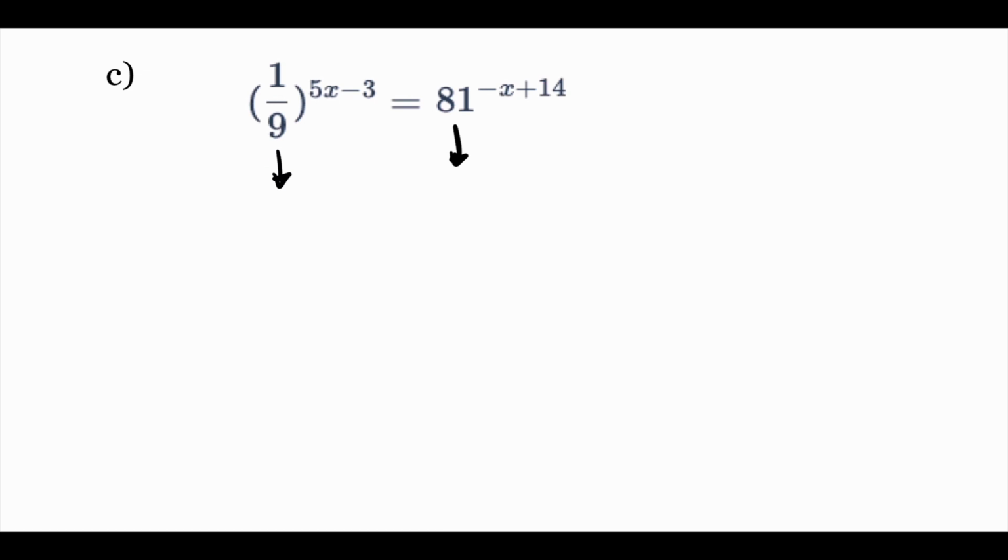Okay? Well, 9 to the negative 1 is the same as 1/9. Is there a way for me to write 81 so it has a base of 9? 9 to what power?